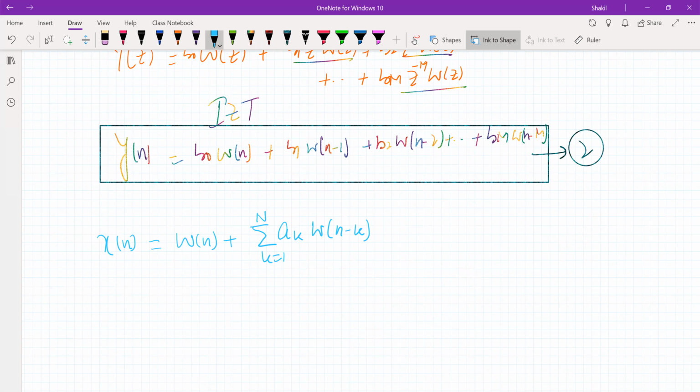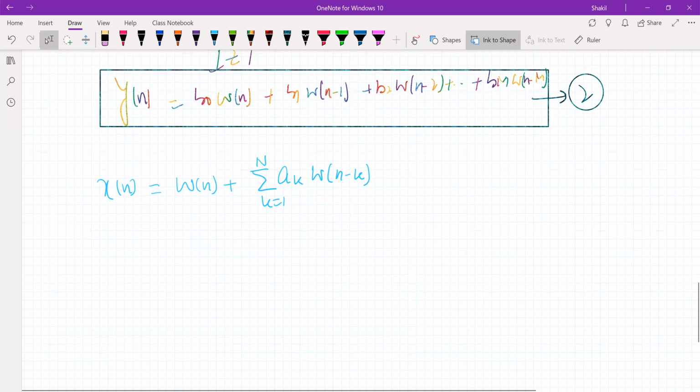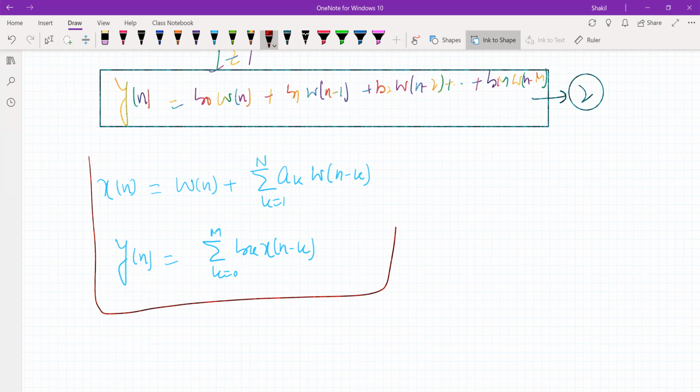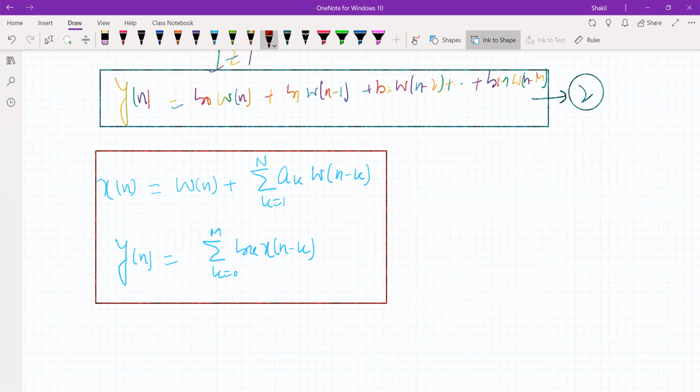And the second equation is y of n is equal to summation k running from 0 to M, b k x of n minus k. So these are our two equations that we need to realize our discrete time system.